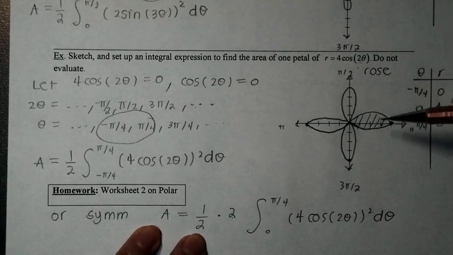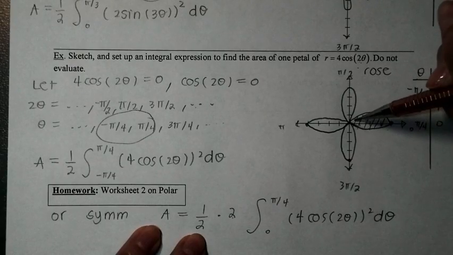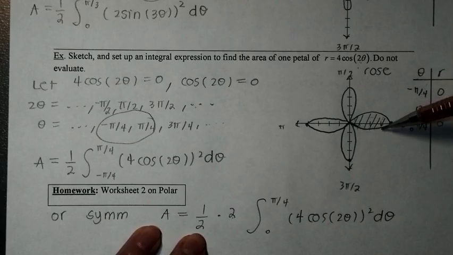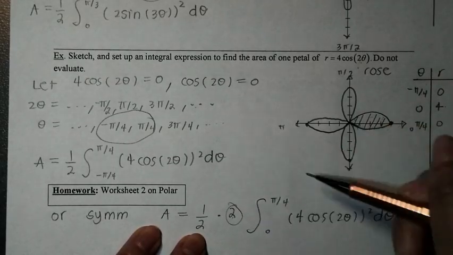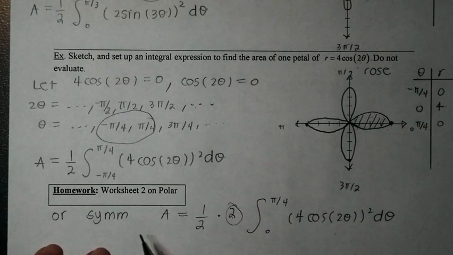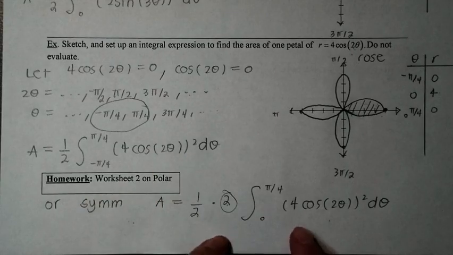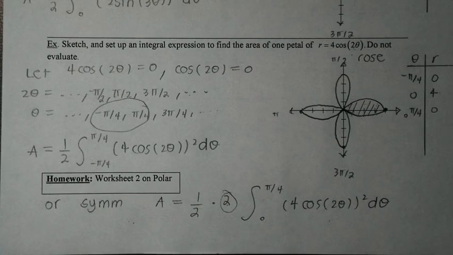Because, well, I know that my drawing is not very good, but you know that the upper area of the petal is symmetric with the lower area of the petal, so that's why you have the 2 here. But this is using symmetry. Please note, is this more correct than this one? No, both of them are going to give you the same value. If you have questions about that, you can plug it in the calculator or do it by hand.